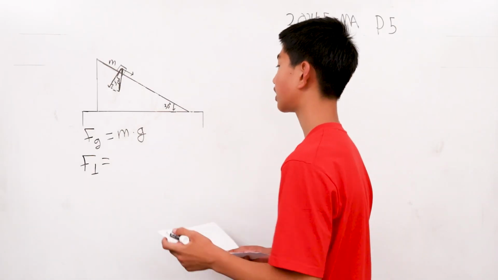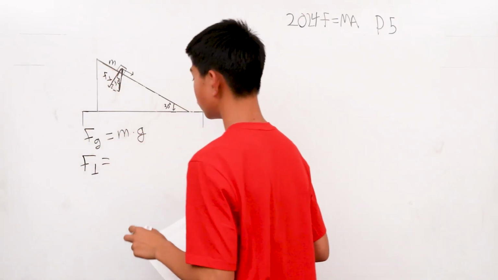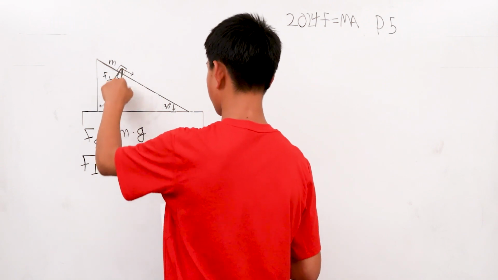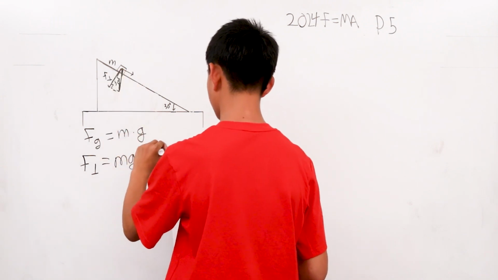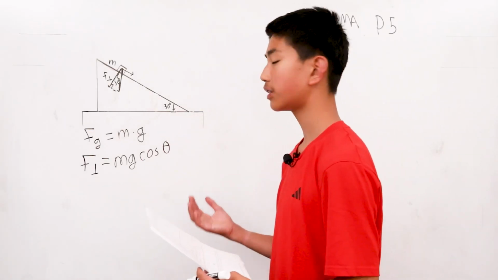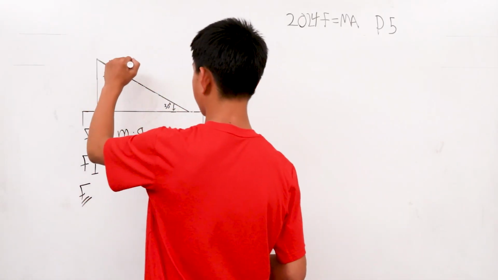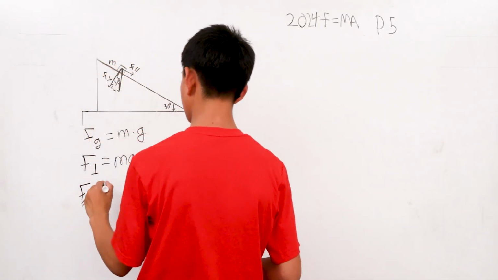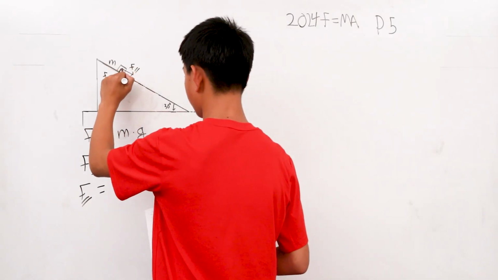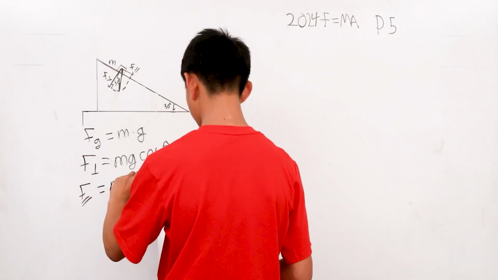Using trigonometric identities, this F perpendicular is equal to mg cosine theta, where theta is 30 degrees. And we also have this F parallel. Since this one's mg cosine theta, this one has to be mg sine theta.